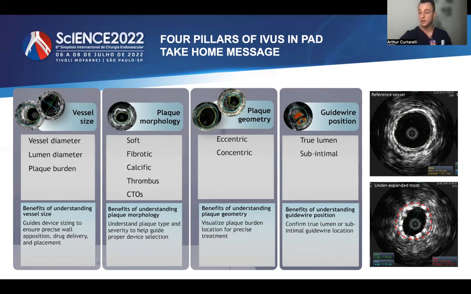IVUS has been shown to be superior to digital subtraction angiography in assessing vessel and stent characteristics, and the use of IVUS as an imaging tool facilitates and improves the understanding of atherosclerotic burden and vessel dimension, thereby allowing for accurate device selection.